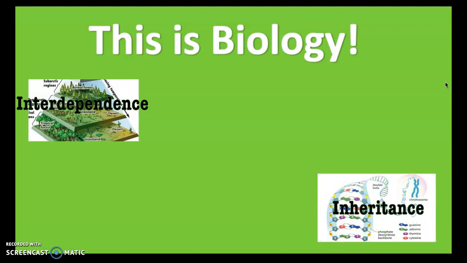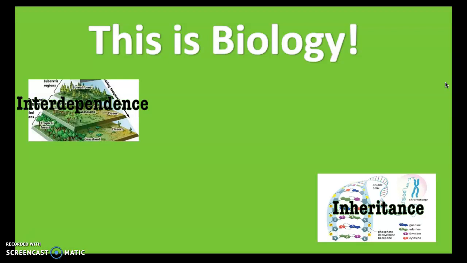Inheritance will be another topic we'll start with. The picture that you saw there was a picture of the magic molecule DNA, deoxyribonucleic acid. It is the building block of all living things. Every living thing on this planet is made up of DNA that is composed of exactly the same stuff.